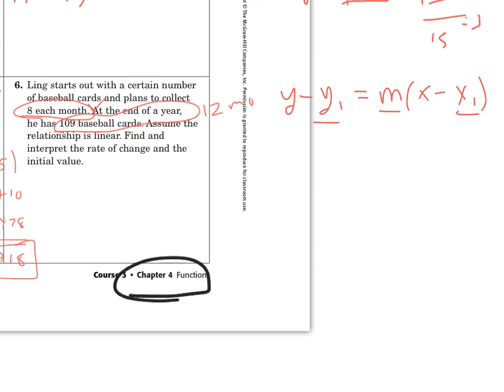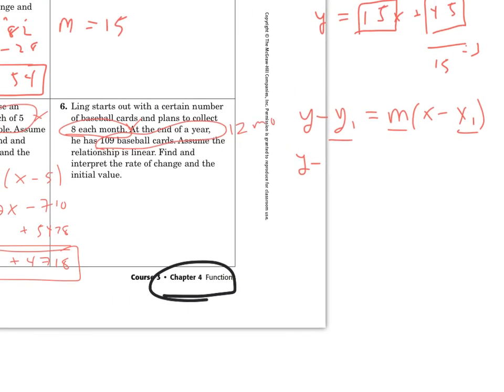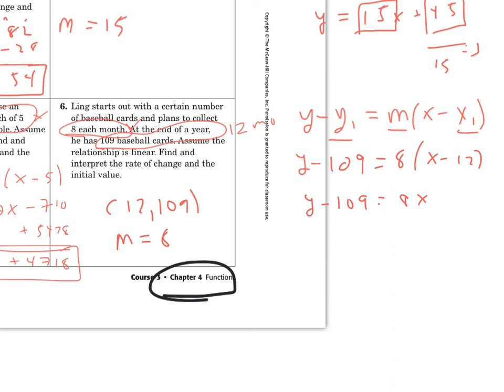The way that we plug into this is we plug in 109 cards, because this is the snapshot in time, 12 and 109, with our slope equaling 8. So we get 8 times x minus 12. So y minus 109 is equal to 8x minus 96.